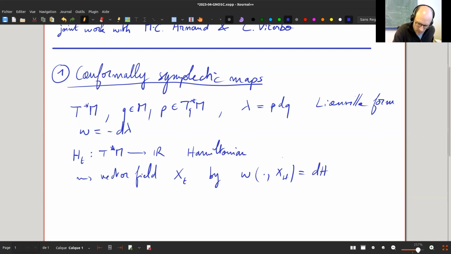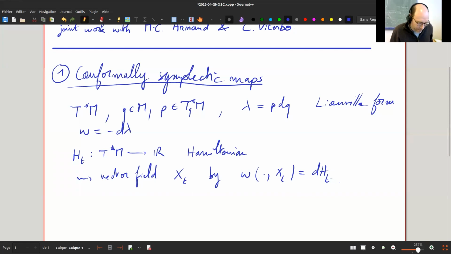Sorry, it's X_t that I wanted to have here. So it's a time-dependent vector field. It's like a gradient, but with respect to the symplectic form instead of the Riemannian metric.